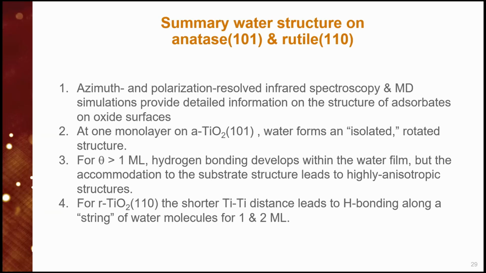You get a hydrogen bonding network that develops at higher coverages, and it's highly anisotropic, but it's really templated by these strong anchor points within the water layer to the titanium sites. Whereas for the rutile 110, the slightly different geometry promotes these strings along the surface. I don't show it here today, but this leads to a significant amount of restructuring when you add more water on top of it.